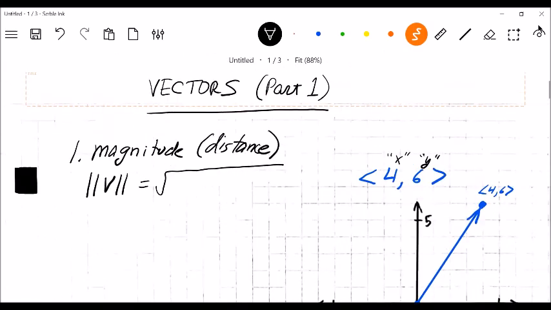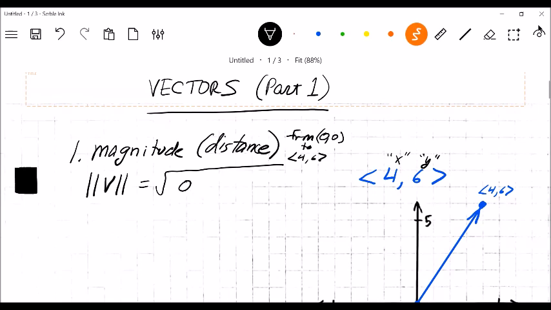Okay? And what we're doing is finding the distance from 0, 0 to, well, doing 4, 6 means from 0, 0 automatically, but I'll leave it that way because I want you to get in the habit of thinking of the arrows.